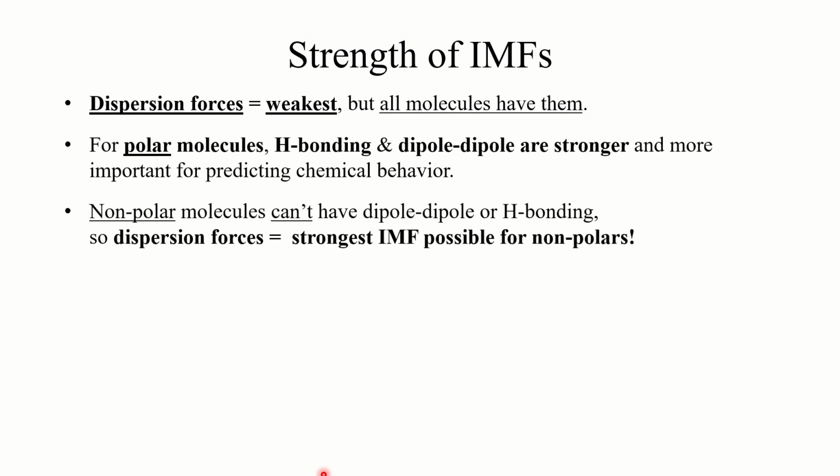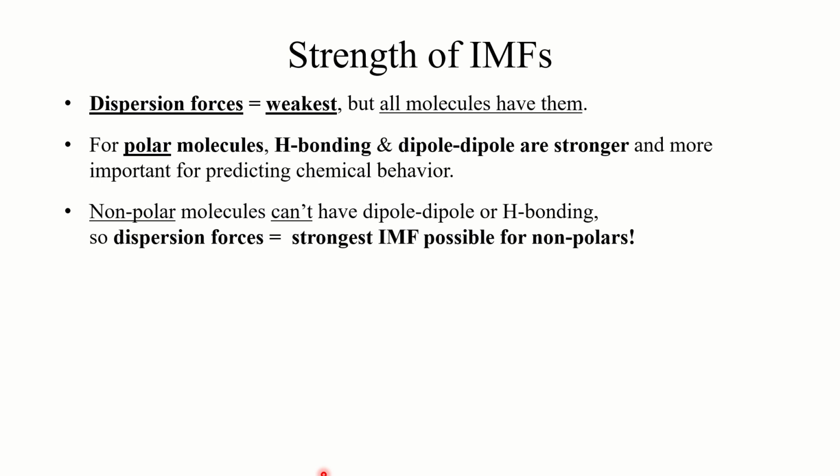There's generally a pretty direct relationship between molar mass and dispersion force strength. Okay, so recapping, dispersion forces are the weakest, but all molecules have them. For polar molecules, hydrogen bonding and or dipole-dipole interactions are stronger and thus are more important for predicting chemical behavior. So if you are asked about a polar molecule, yes, that polar molecule still has dispersion forces, but those dispersion forces aren't that important for predicting its chemical behavior.